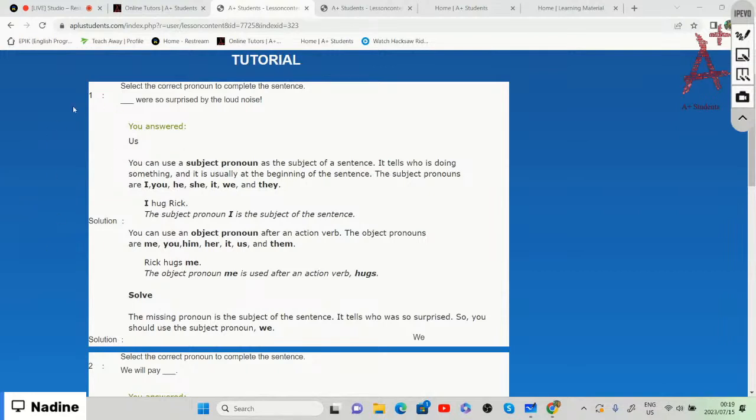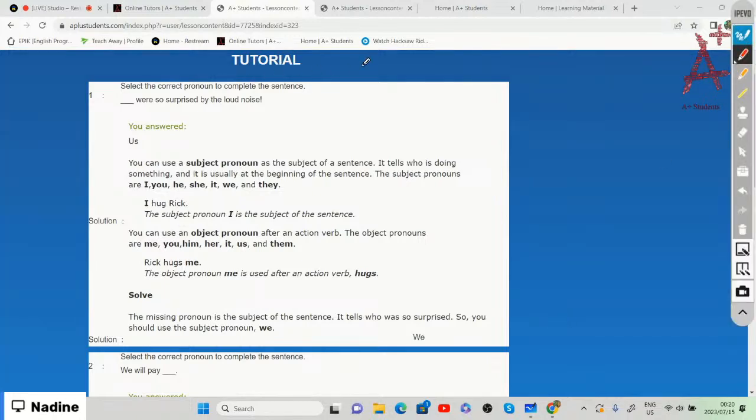If we were to identify the missing pronoun within that sentence, then we can say we, because we can't say I were. We can say we, more than one person were. So we were so surprised by the loud noise.